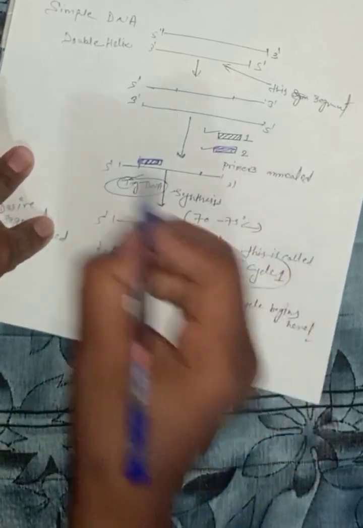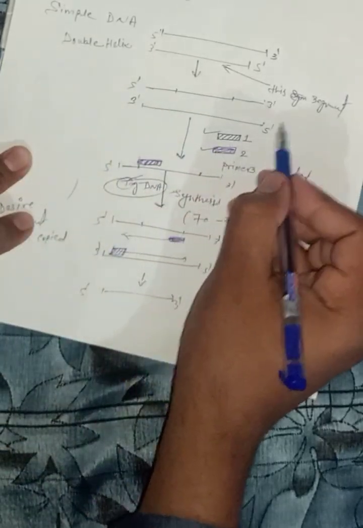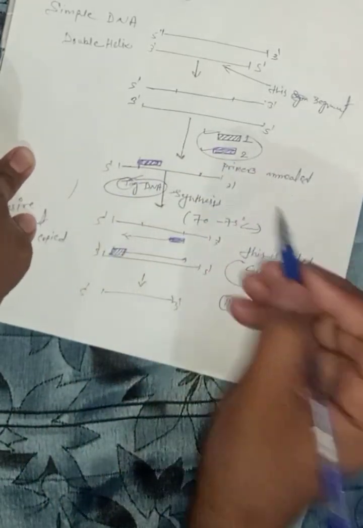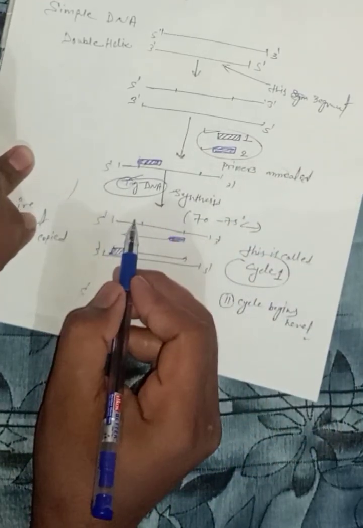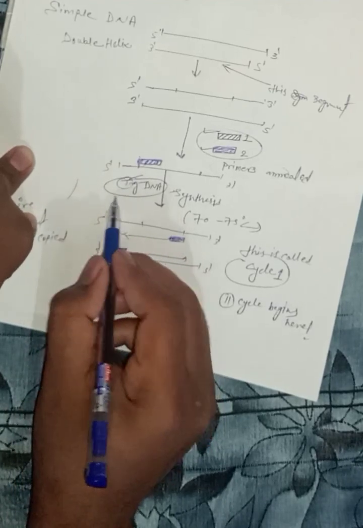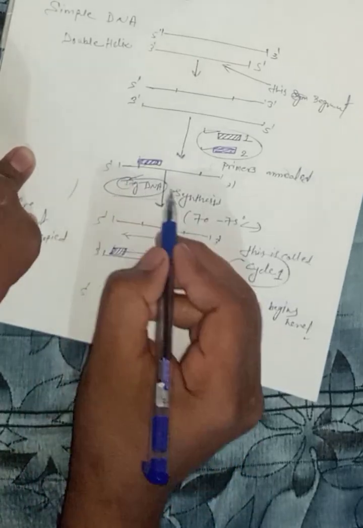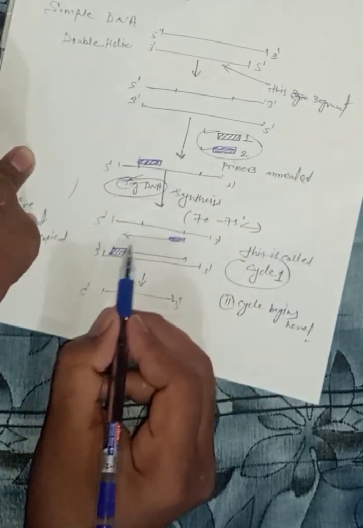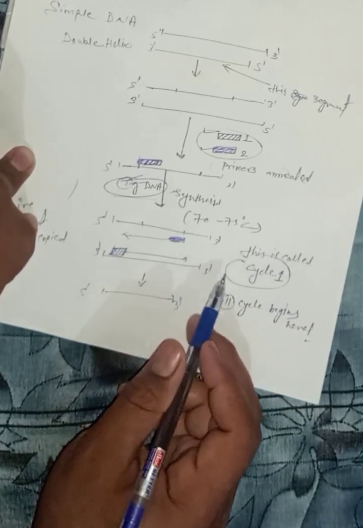Here the primers are added and annealed with this segment of DNA, and we add Taq DNA polymerase enzyme, and this segment of desired DNA is synthesized at 70 to 75 degrees Celsius.